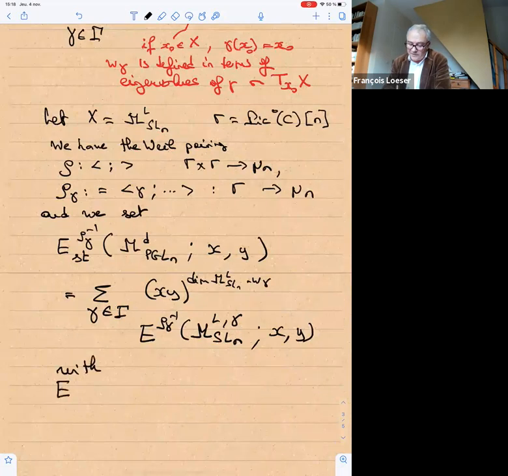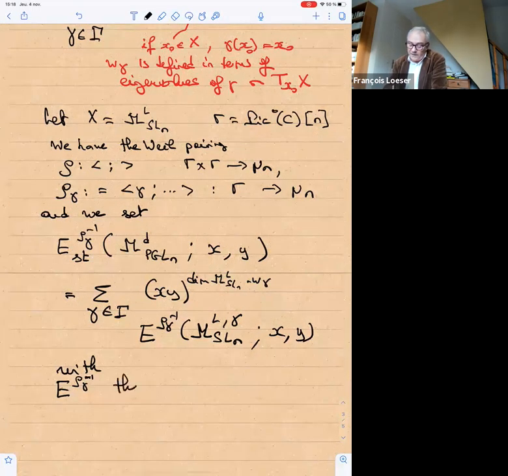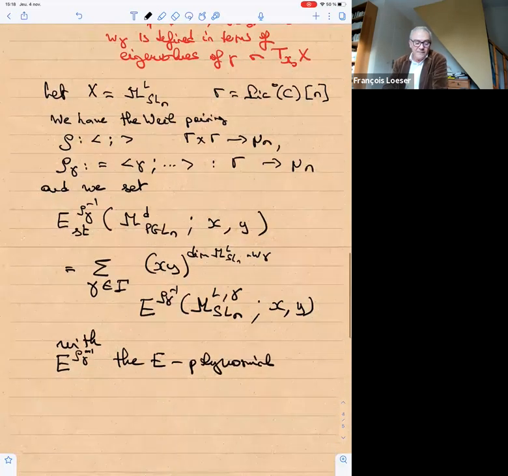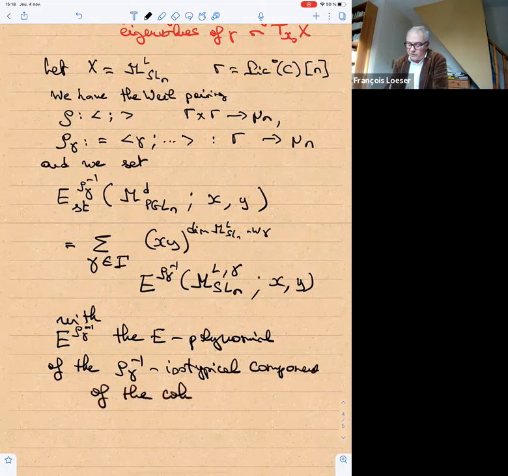And what is E with this character as exponent? It will be the E polynomial of some isotypical component of the cohomology of M.